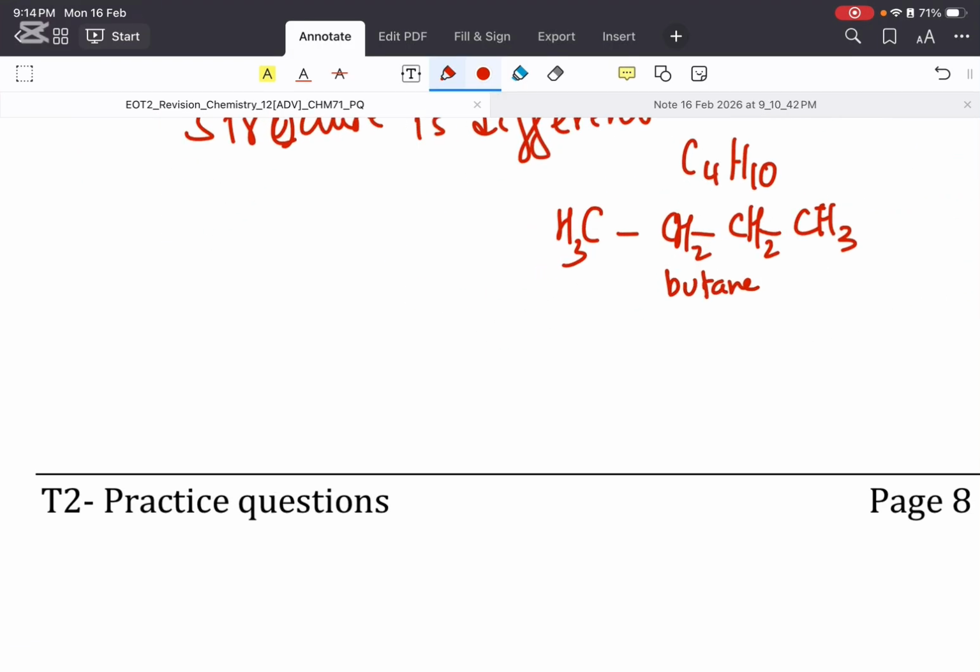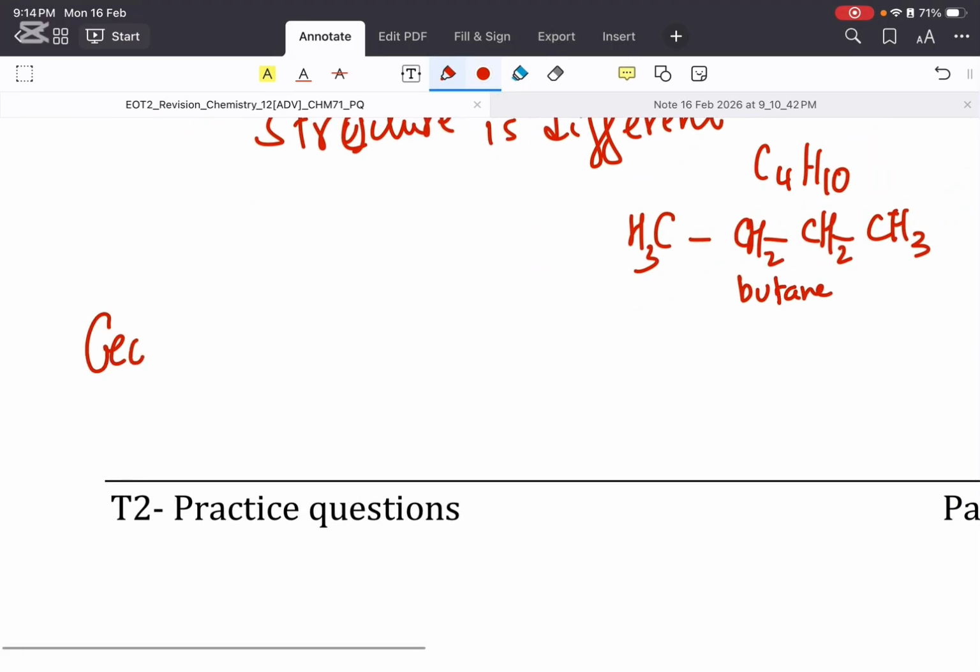That's for structural isomers. Now, in geometric isomers, to have geometric isomers, we need to have a double bond. And then we look at the arrangement of the groups around the double bond in space would be different.